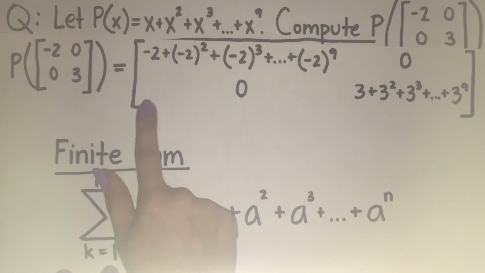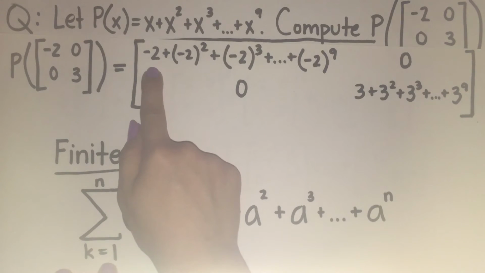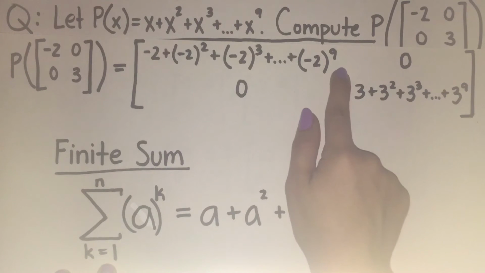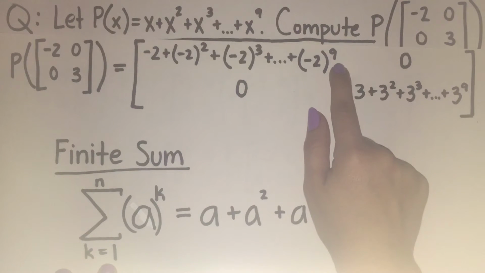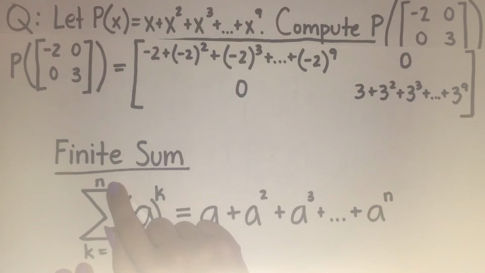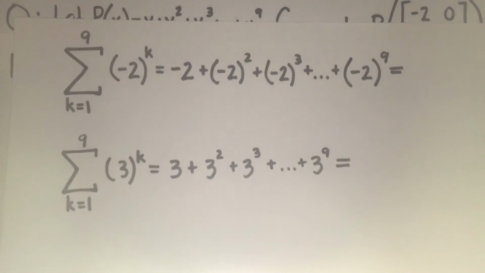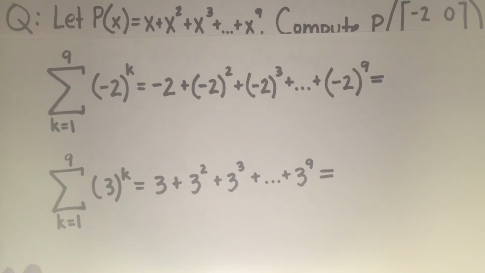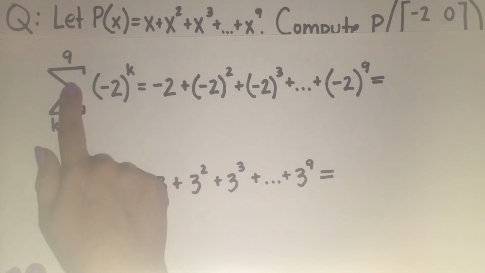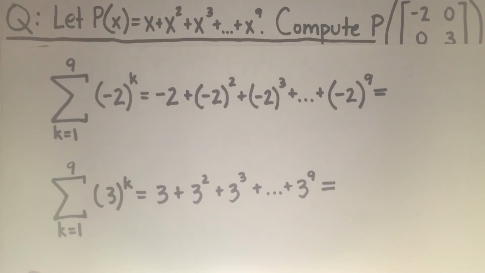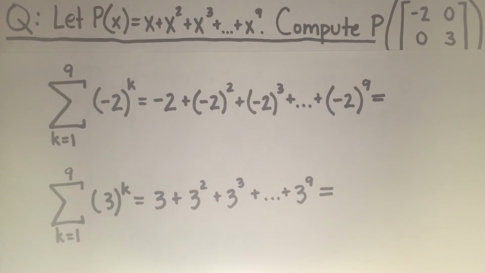Therefore, in our case, our starting number is still 1, and our ending number, n, would be 9. Therefore, at the top we put n is 9 and k is 1. It would look like this. As you can see here, our new number at the top is 9 and our bottom number is 1.